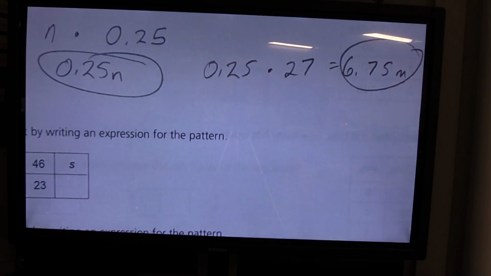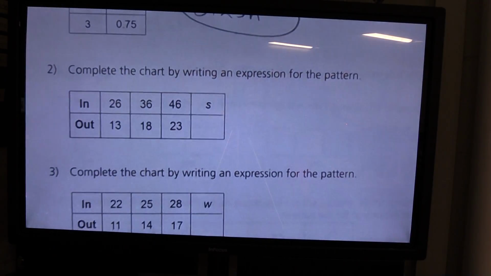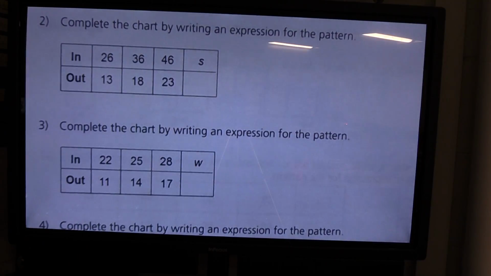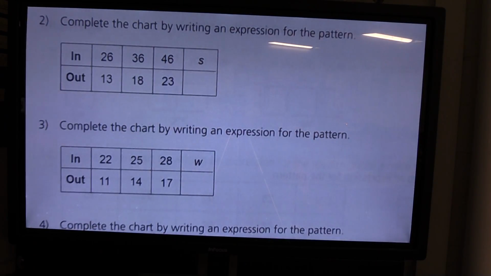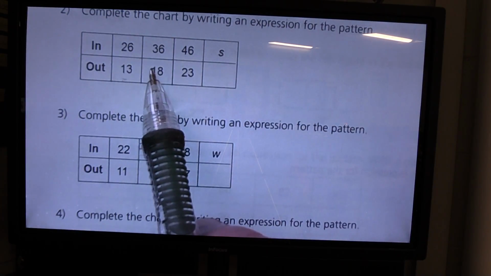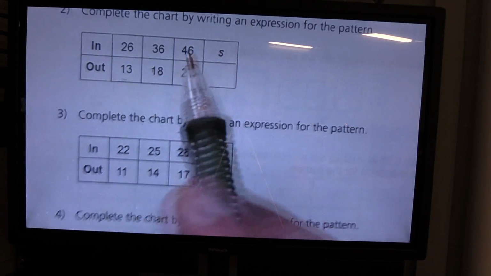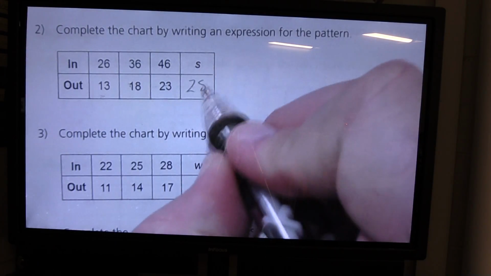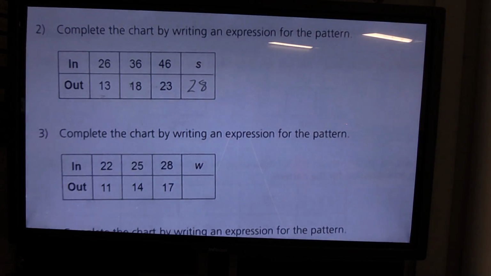Let's look at another example. Let's look at number 2. It says, complete the chart by writing an expression for the pattern. Now, the directions on this item aren't as clear as I wish they were, because I've had students in my homeroom, the class I had before you all, who said 13, you go up by 5, you get 18. 18, you go up by 5, you get 23. 23, you go up by 5, you get 28, and they want to move on and say they're done.